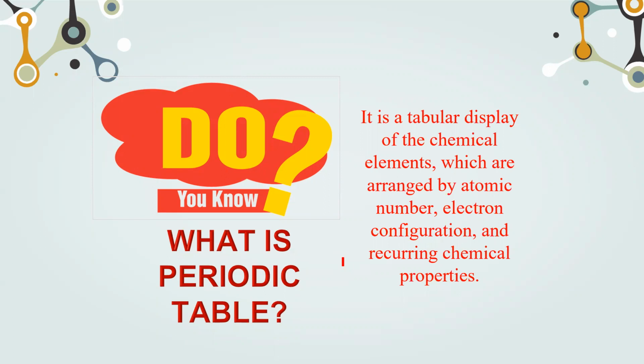It is arranged by atomic number, electronic configuration, and recurring chemical properties. Recurring chemical properties means that they repeat their chemical properties again and again. That's why such elements are placed in a specific position in the periodic table.